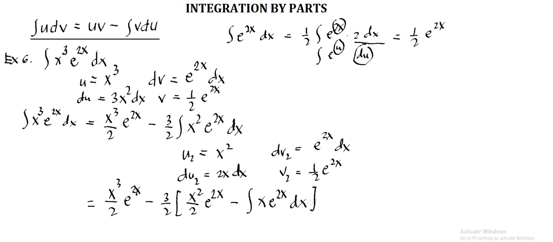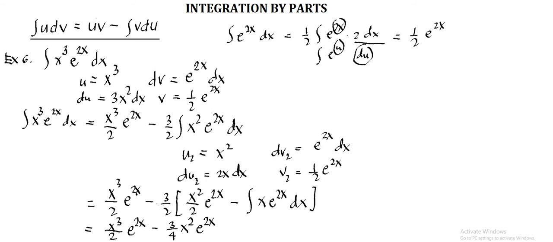And then, we will have x cubed divided by 2 e to the 2x. And then, negative 3 over 2 times x squared over 2 e to the 2x equals negative 3 over 4 x squared e to the 2x.